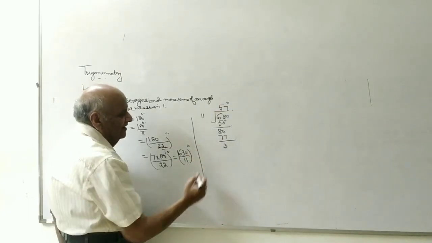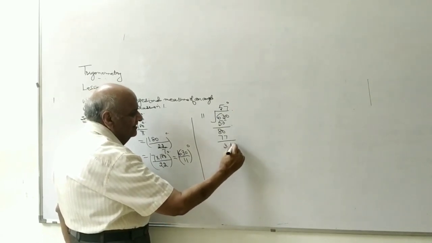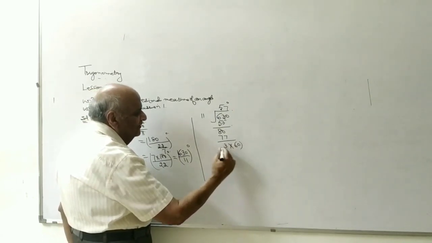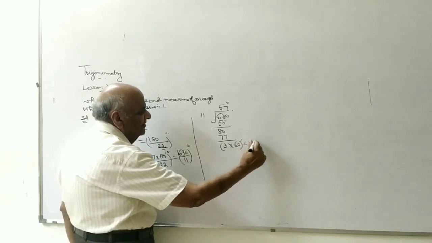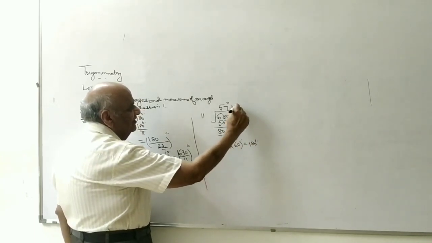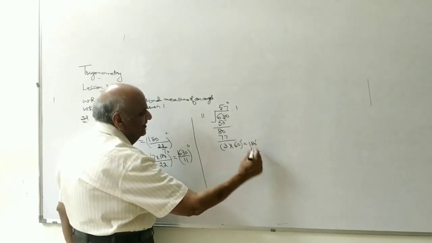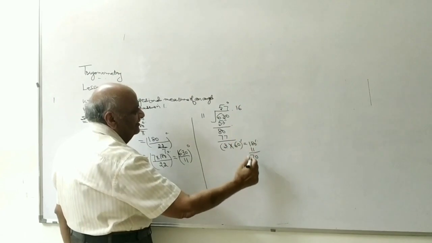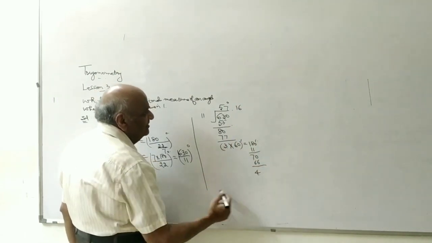Now 3 degrees are left, and 1 degree is 60 minutes. Let us now convert into minutes. This is equal to 180 minutes. So 11 ones, 70, 11 sixes are 66. It is 4. Now 4 minutes are left.